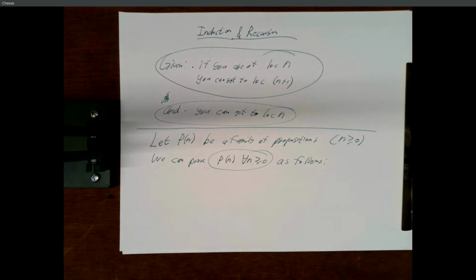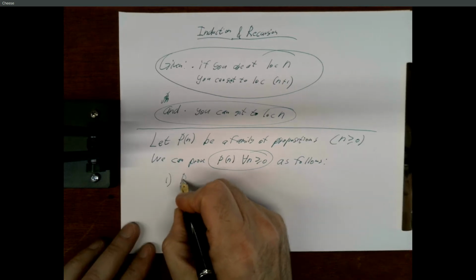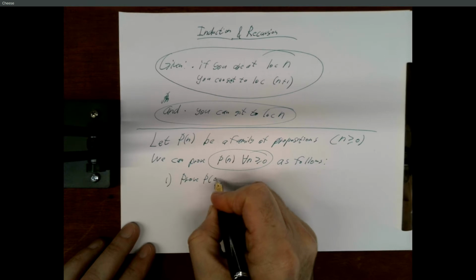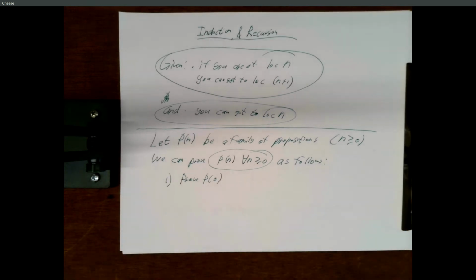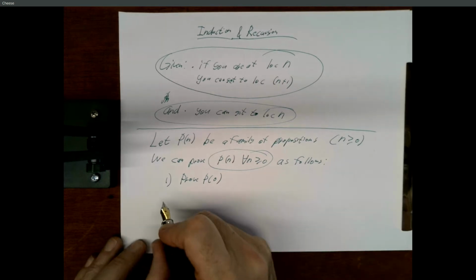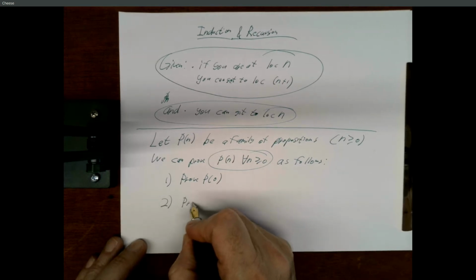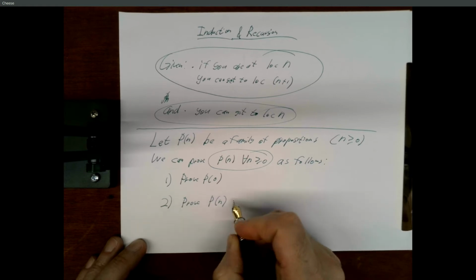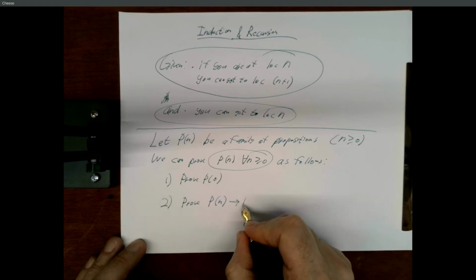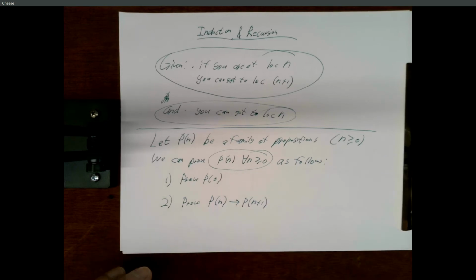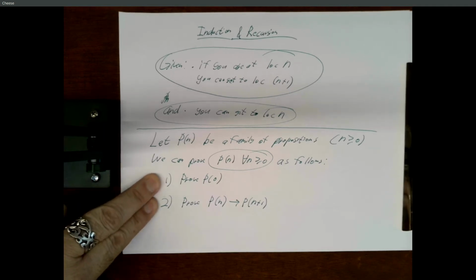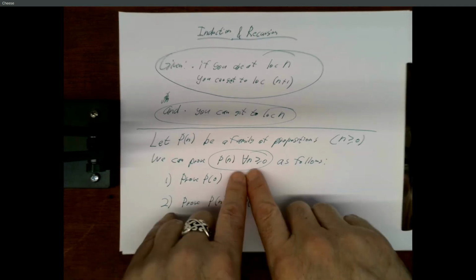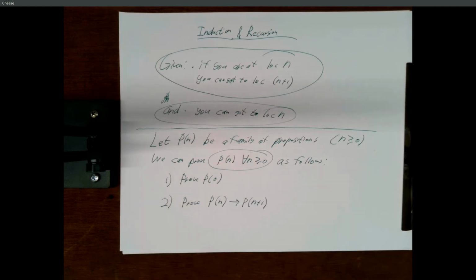So we can prove this as follows. 1, prove P is true for n equals 0. And then 2, prove that if P is true for n, then it's also true for n plus 1. And I'm guaranteeing to you that if you can prove these two things, 1 and 2, you have proven this circled thing. You've proven P of n for all n.